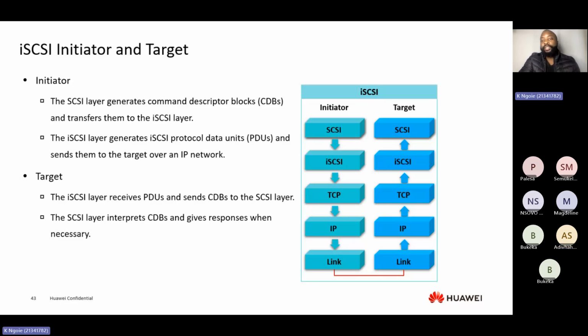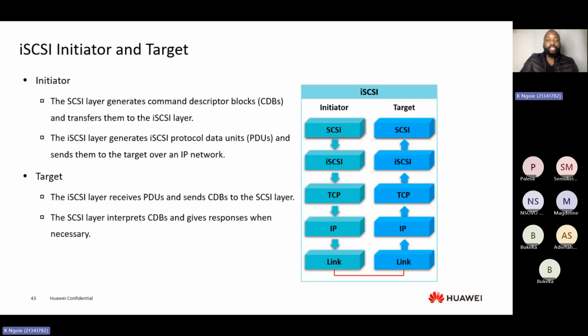So iSCSI is a communication system which inherits features from SCSI. This is just some commands that are going to happen. We have the initiator and the target.